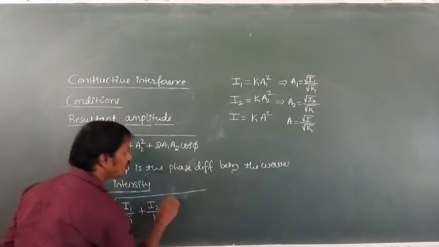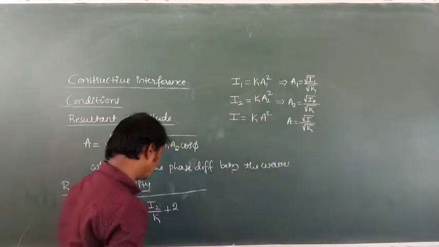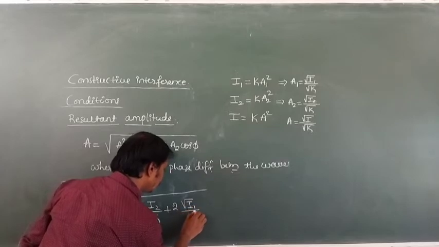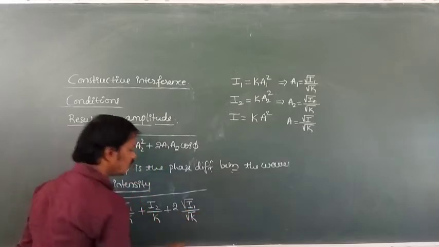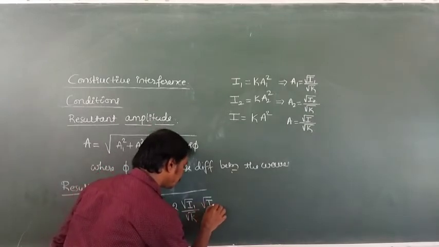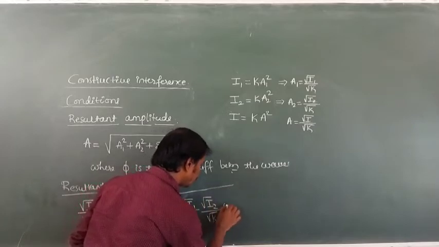plus 2 A1. What about A1? Square root of I1 divided by square root of k. And what about A2? A2 is square root of I2 divided by square root of k into cos pi.